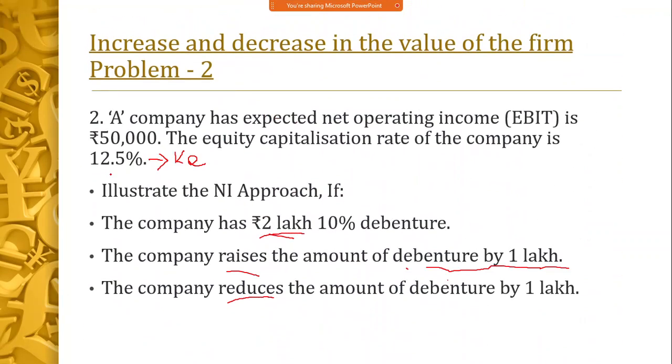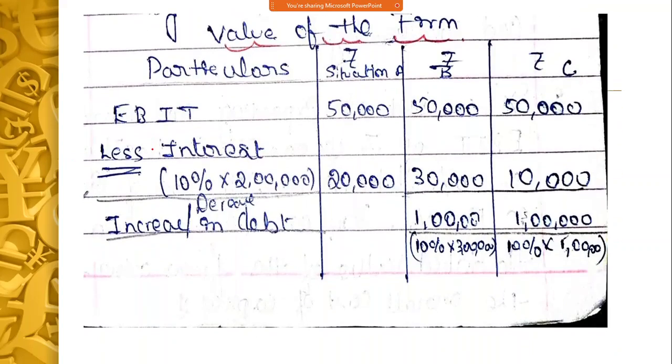So for each of situation A, situation B and situation C, or scenario A, scenario B and scenario C, the EBIT is 50,000. Now, when you have EBIT, to find earning before tax or EBT, we'll have to deduct interest.